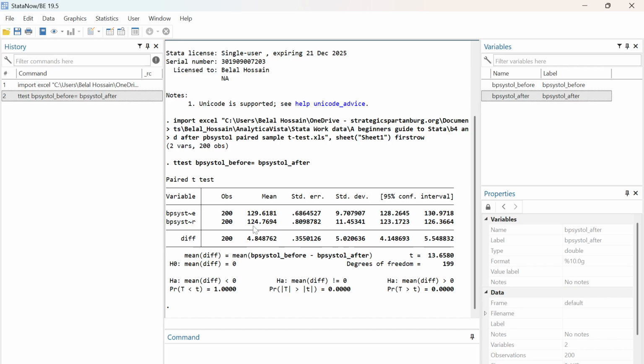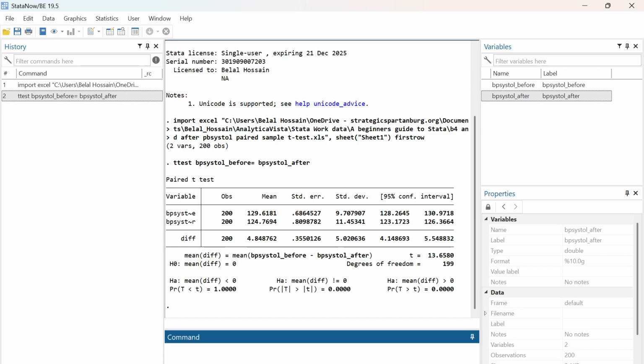Okay, so that means the reduction in average systolic blood pressure is statistically significant, and that's how we can confirm that our intervention program was successful. Everything else is held constant, right?